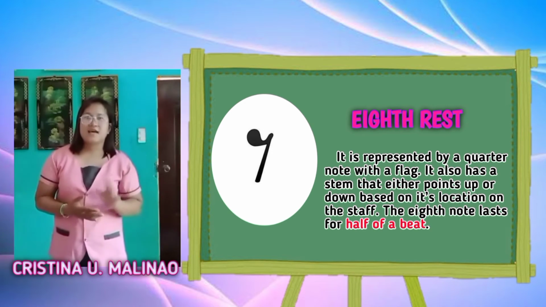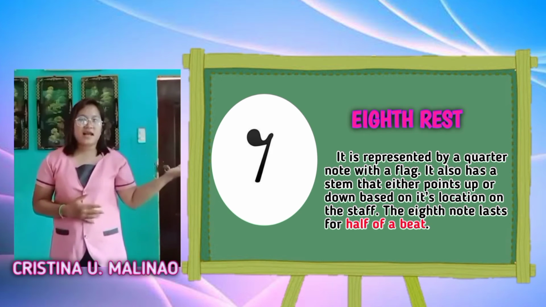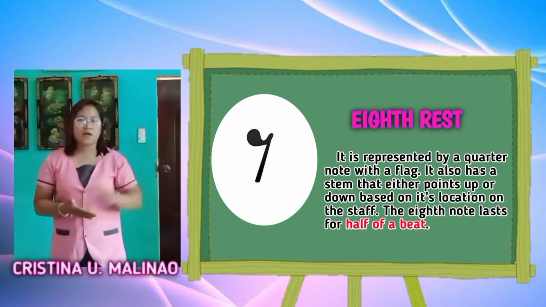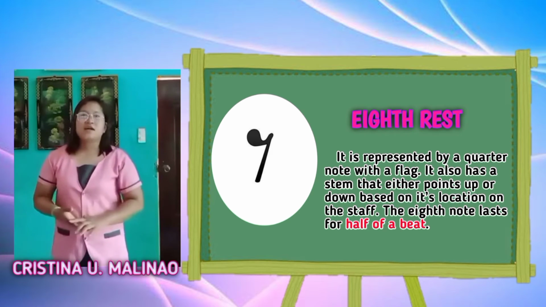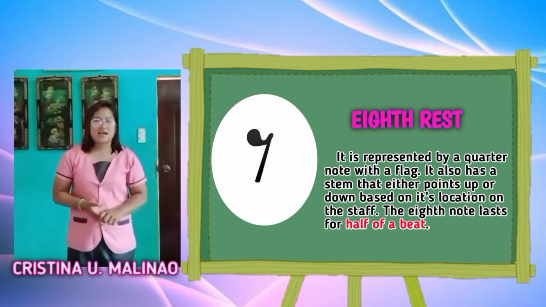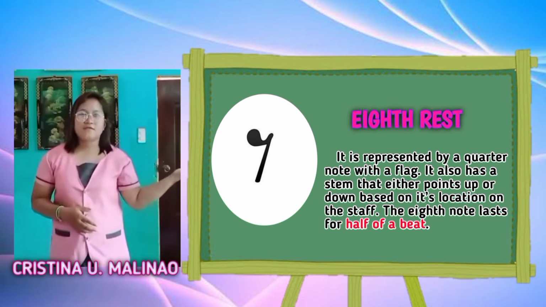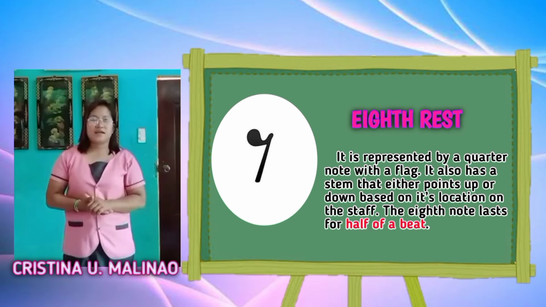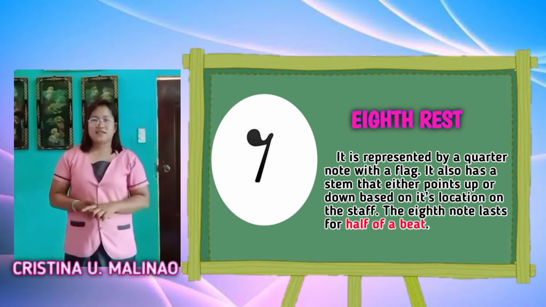Then, the eighth note lasts for half of a beat. This makes it half as long as the quarter note, remember. So, the eighth note, again, lasts for half of a beat, half as long as the quarter note.